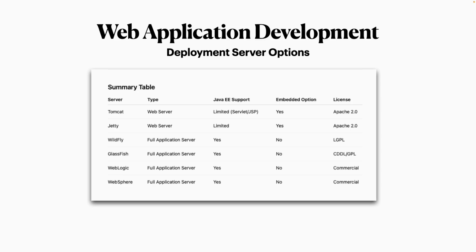That is also a free license for development, and for production it has to be a paid version. Other options such as WildFly, WebLogic, GlassFish and WebSphere are from different companies, but WebLogic and WebSphere are completely commercial. Even if you develop something, you have to have a commercial license to run it.